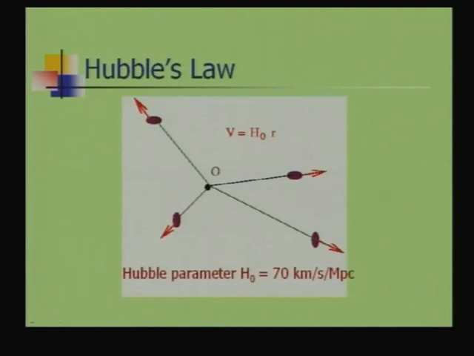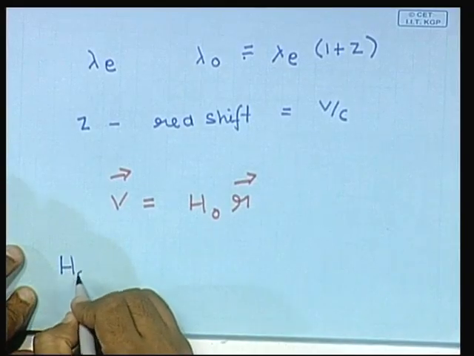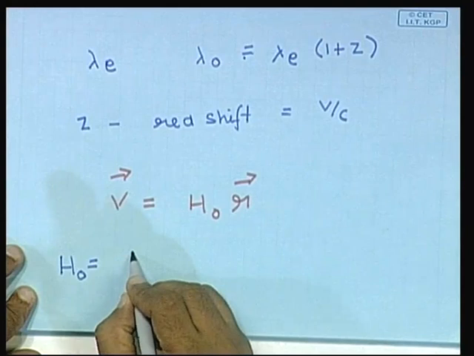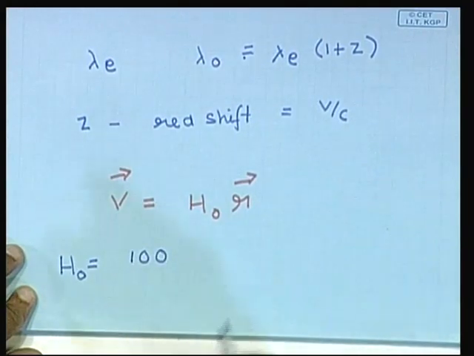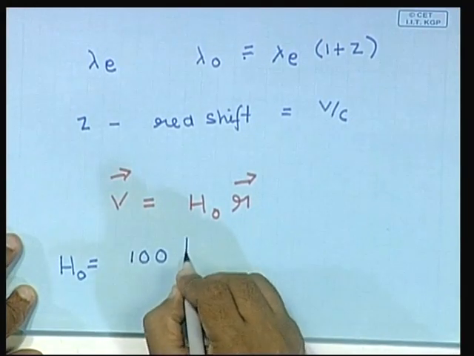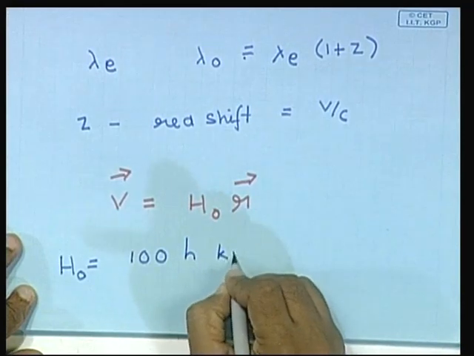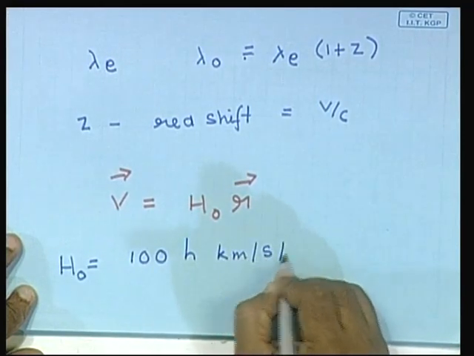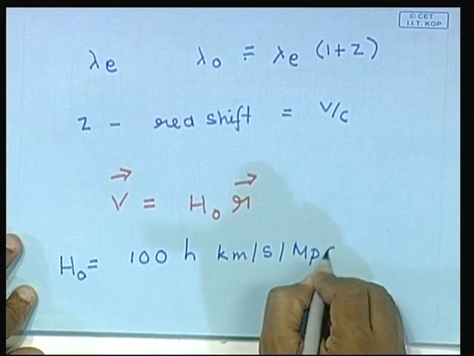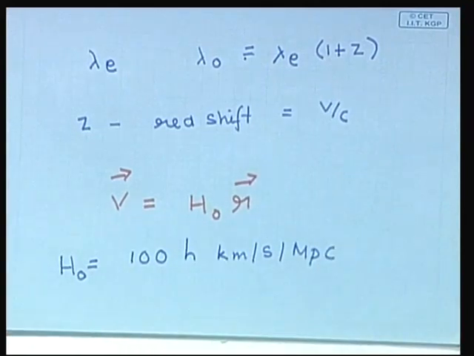It is currently believed that the Hubble parameter has a value of 70 kilometers per second per megaparsec. It is often customary to write the Hubble parameter in units of 100 kilometers per second per megaparsec.